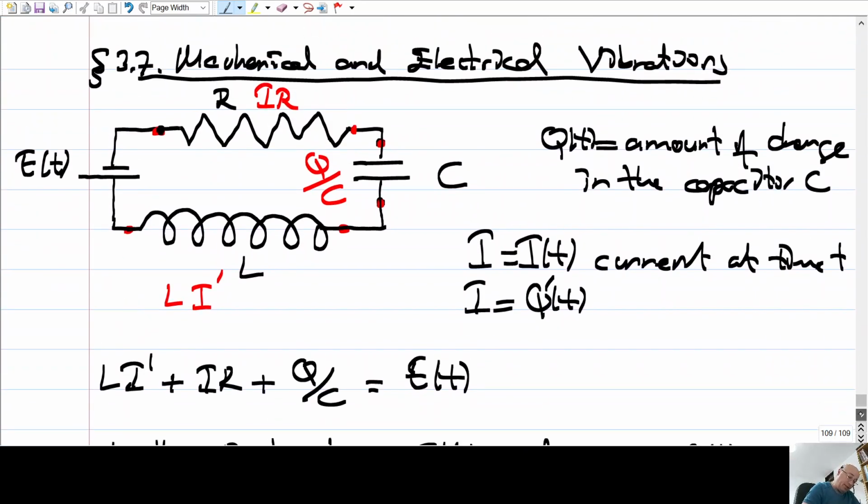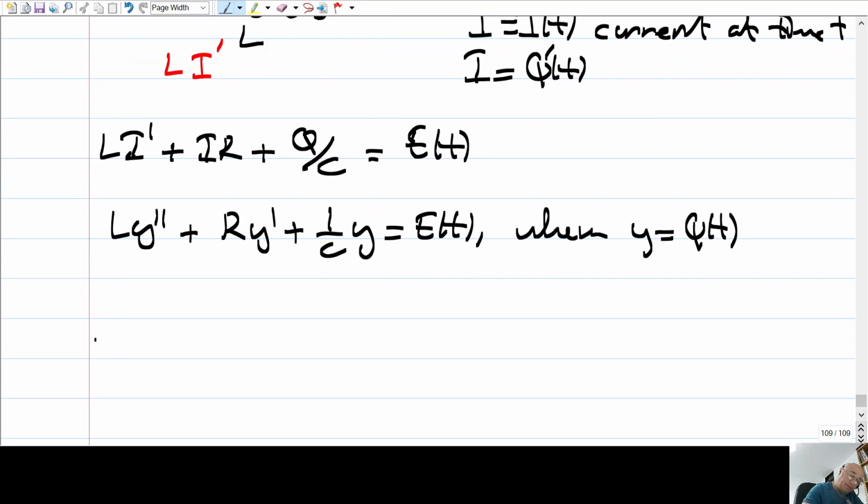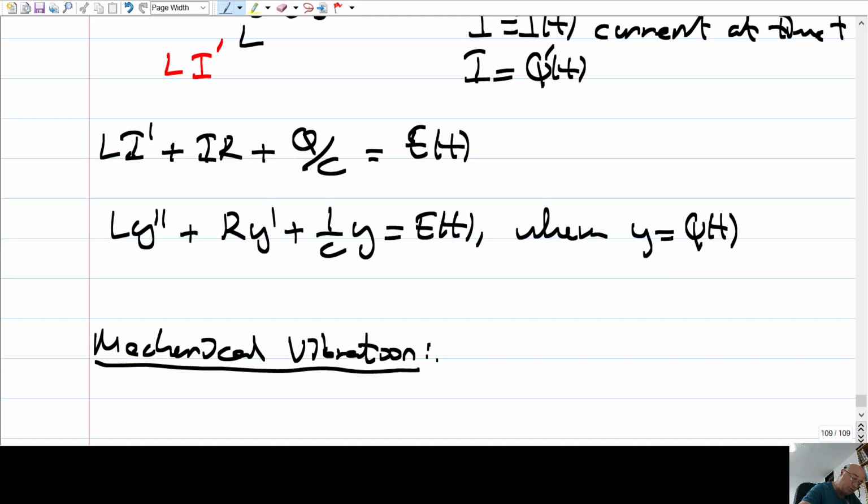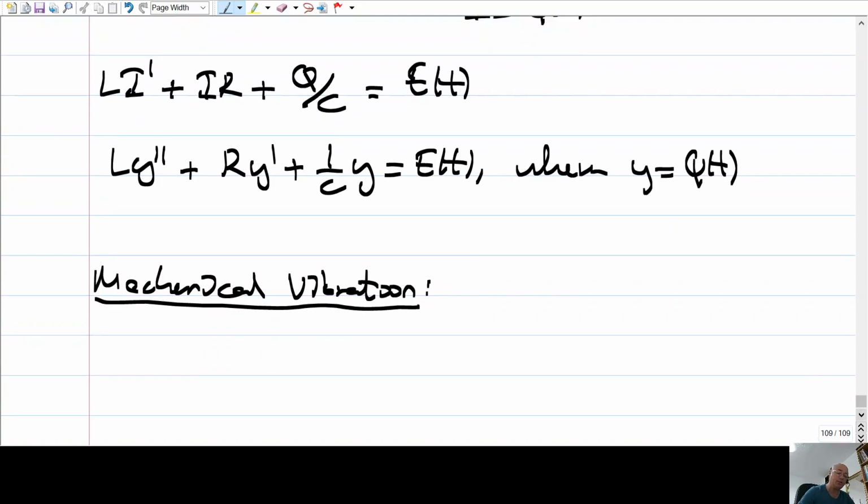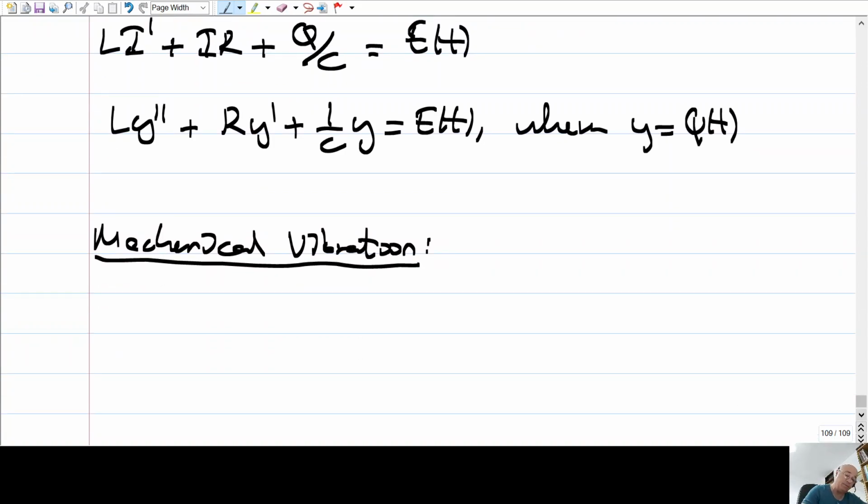What about mechanical vibration? Of course, there are lots of different types of mechanical vibration. This is one example.